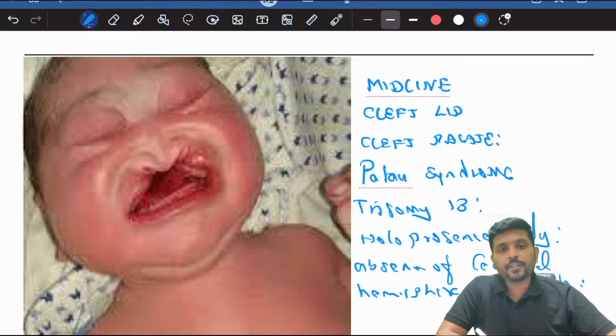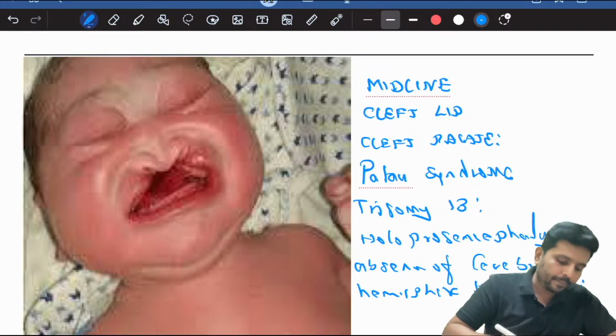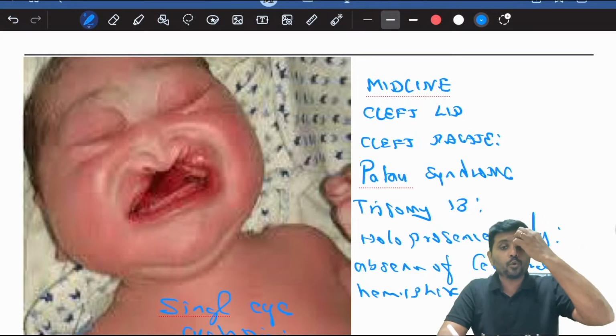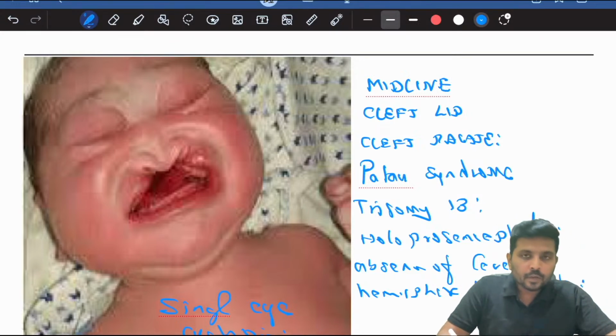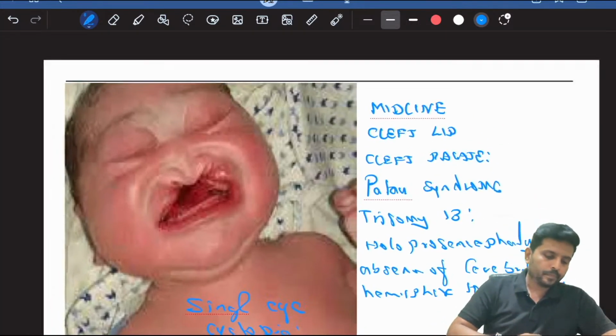As a result, the eyes cannot separate. Sometimes they will have a single eye, that is called cyclopia, the extreme form of holoprosencephaly. So midline cleft lip and cleft palate, unless otherwise proved, is a case of Patau syndrome.